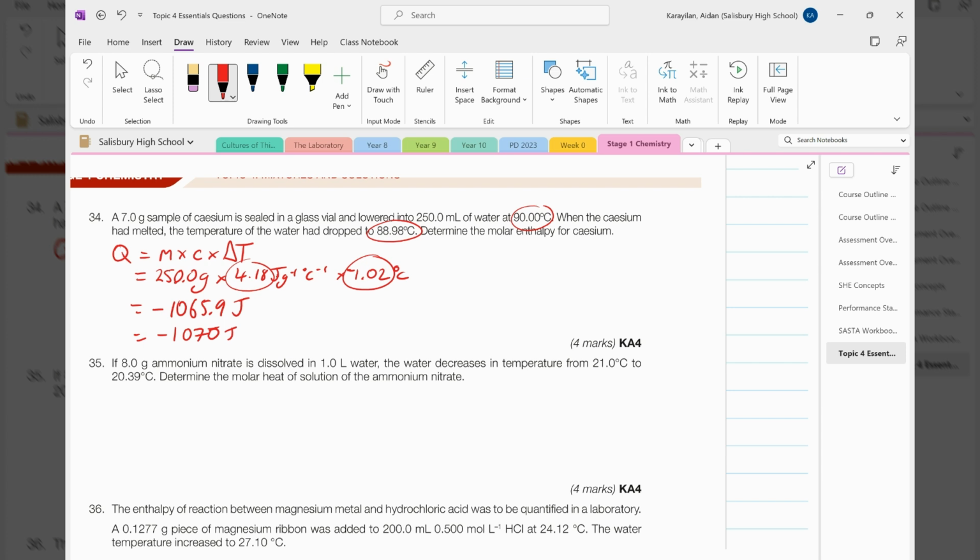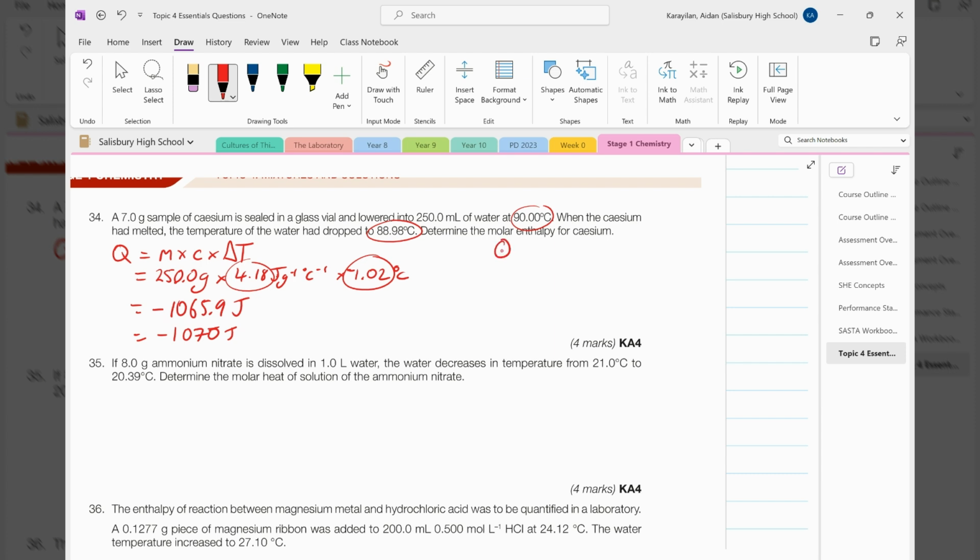Now what we need to do is find the molar enthalpy for cesium. The question isn't very clear here, it's a bit unclear as to what it actually wants, so I'm going to assume it's information that I can readily get.